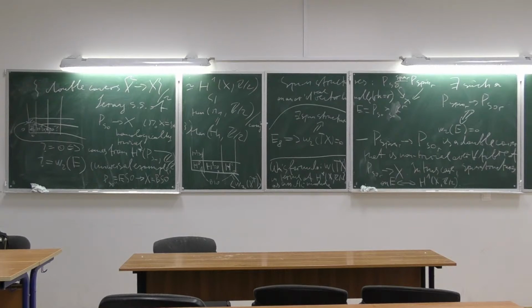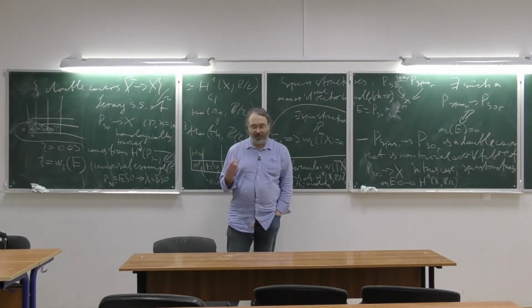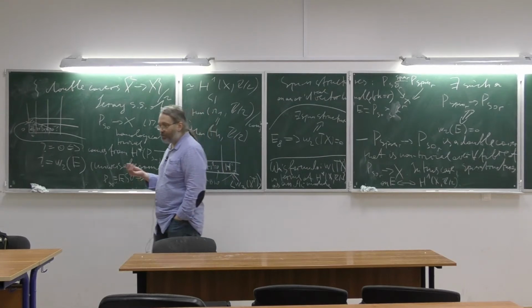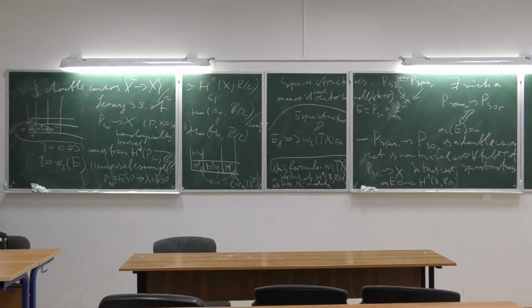Is that true? Okay, okay, I've understood the question. The answer is it's minus the Euler class. To be more precise, one needs to consider the spherical bundle, which corresponds to the vector bundle.